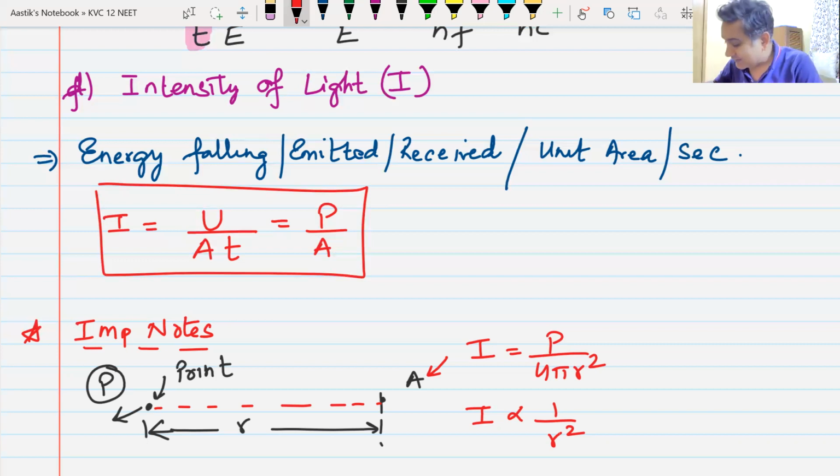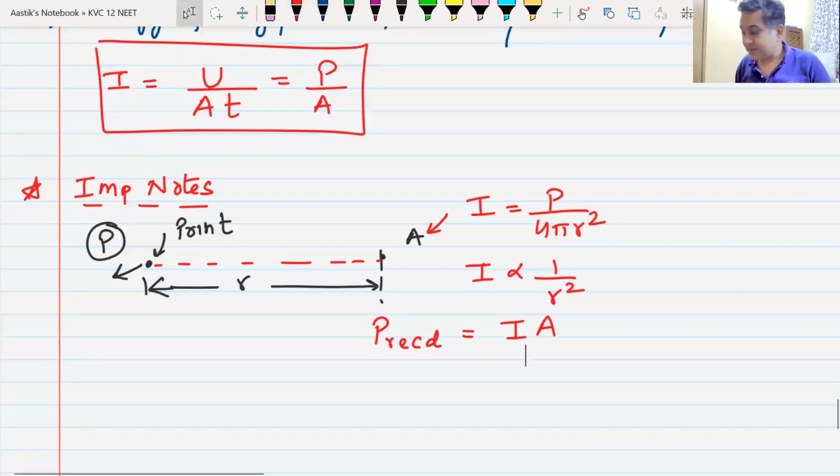It is the intensity at point A multiplied by the area. Sometimes they ask how much is the power received at this point. So power received at this point is intensity multiplied by area. Intensity is power per unit area, so power is intensity multiplied by area.